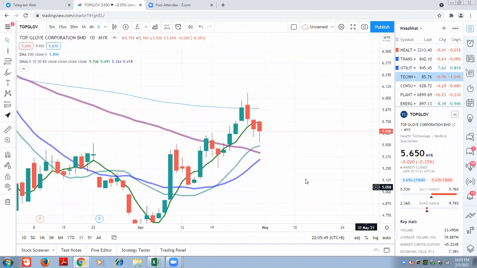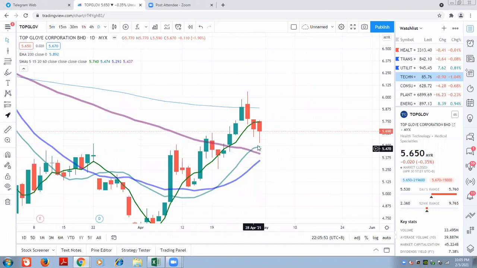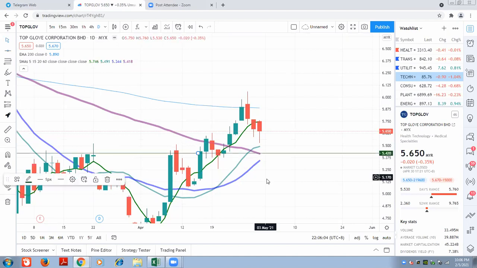Okay, like this. If you see MA 10 or MA 60 still below, I think you're not going to cut first because you know that MA 60 is very hard to break.